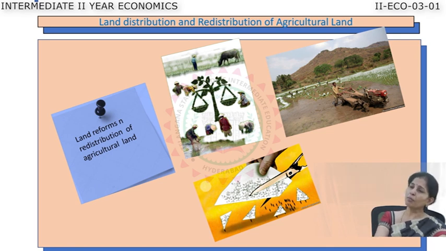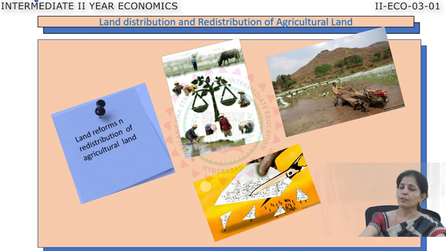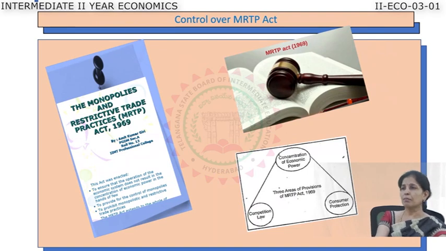And any reform taken for the development of agriculture by the government is called land reform. So land reform, if it is implemented effectively in the rural areas, the agriculture production will increase. We will not have poverty in the rural areas. So to reduce inequalities, we need to develop the rural areas, and the best solution is land reforms and redistribution of agricultural land.